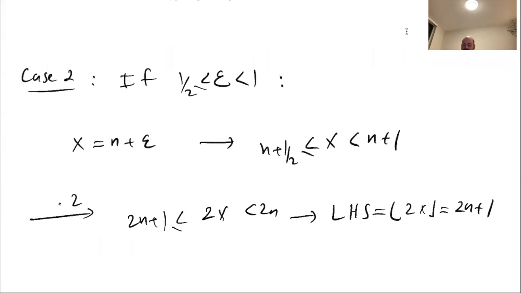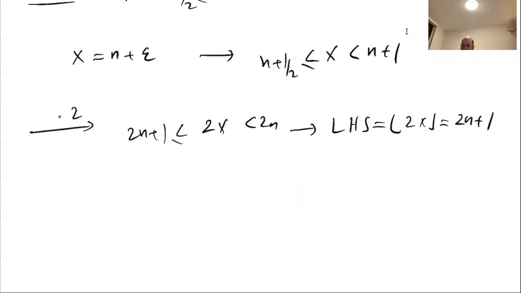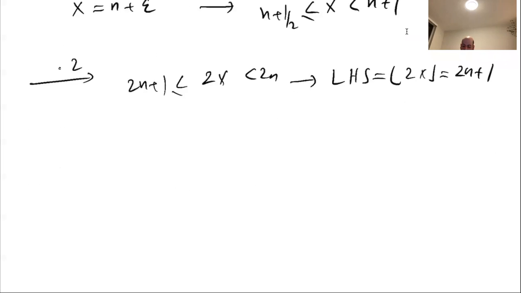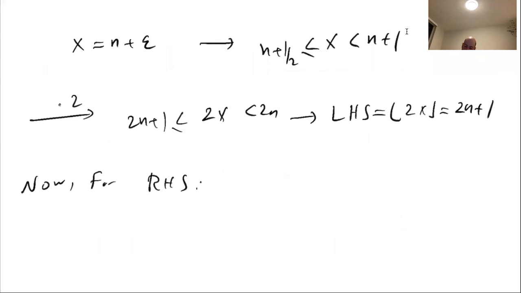Now I have to show the right-hand side is also 2n plus 1, and then I can say that again they are equal. Now for the right-hand side, what can I say about the floor of x first? Floor of x will be n, right? Because x is between n and n plus 1.